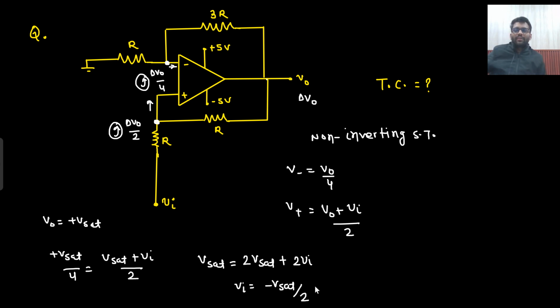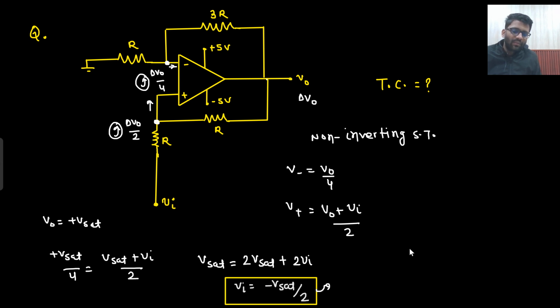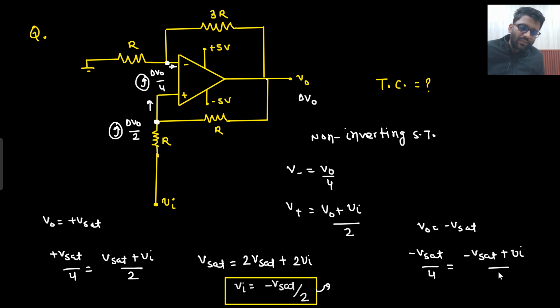Right? Did I do the calculation correctly? V set by 4, yeah. So this is one value I am getting. Most probably it will be your LTP only. But let's check the other value also. So next we are going to put V naught equals minus V set. If I put minus V set, then what are we getting? Minus V set by 4 is equal to minus V set plus V in by 2.